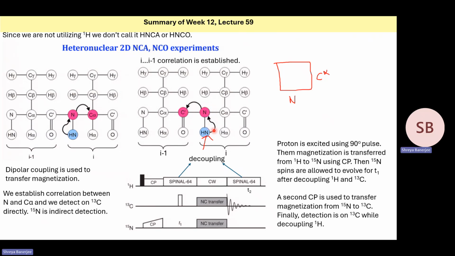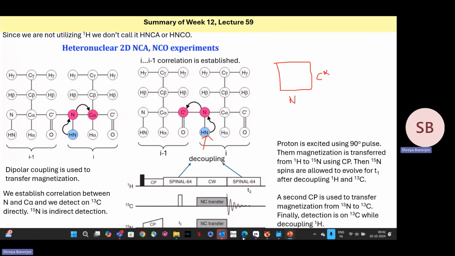So this is giving I minus 1 correlation. So if you do this, then you will get N versus CO. So these are called 2D experiments because you're detecting two nuclei, and they are heteronuclear because one is nitrogen, one is carbon.